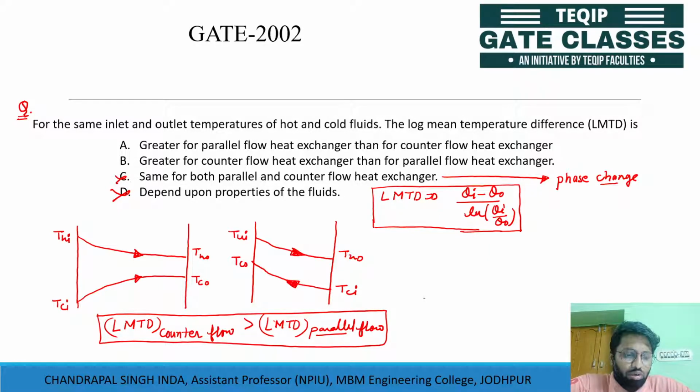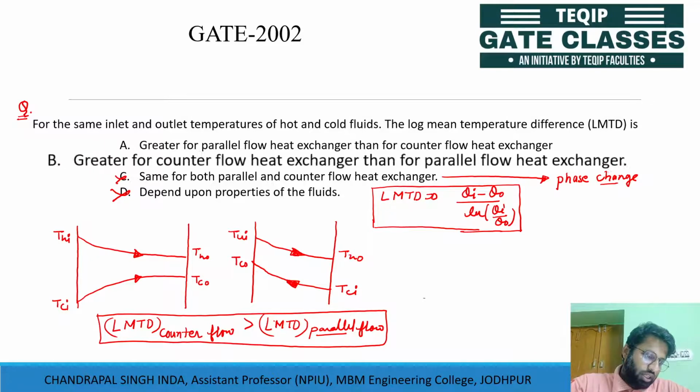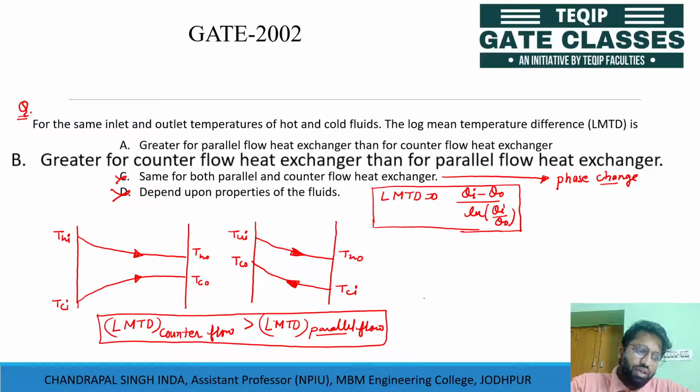So we also conclude that for the same given surface area, the heat transfer from the counter flow heat exchanger is more than the parallel flow heat exchanger, as the value of LMTD is more for the counter flow. So for this question, option B is correct. It says greater for the counter flow heat exchanger than the parallel flow heat exchanger.